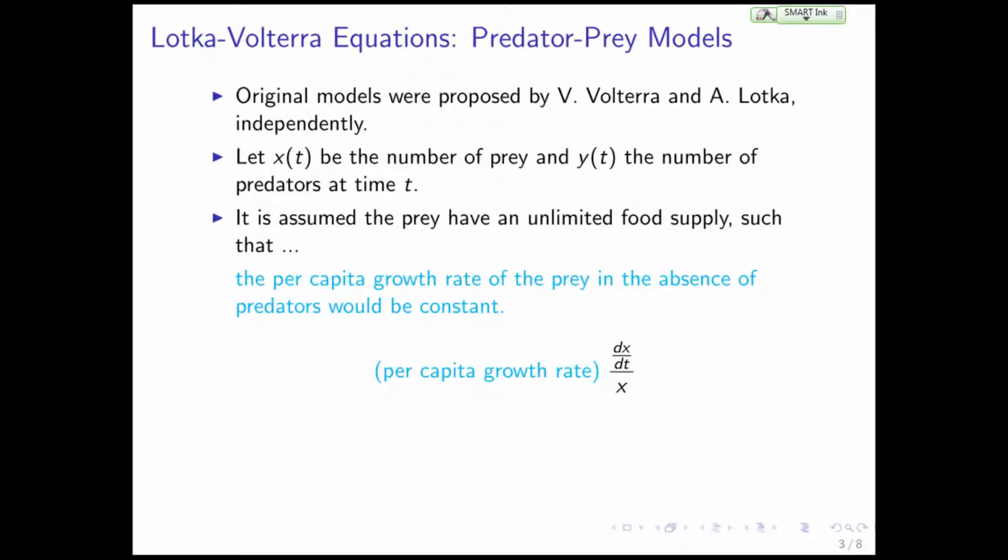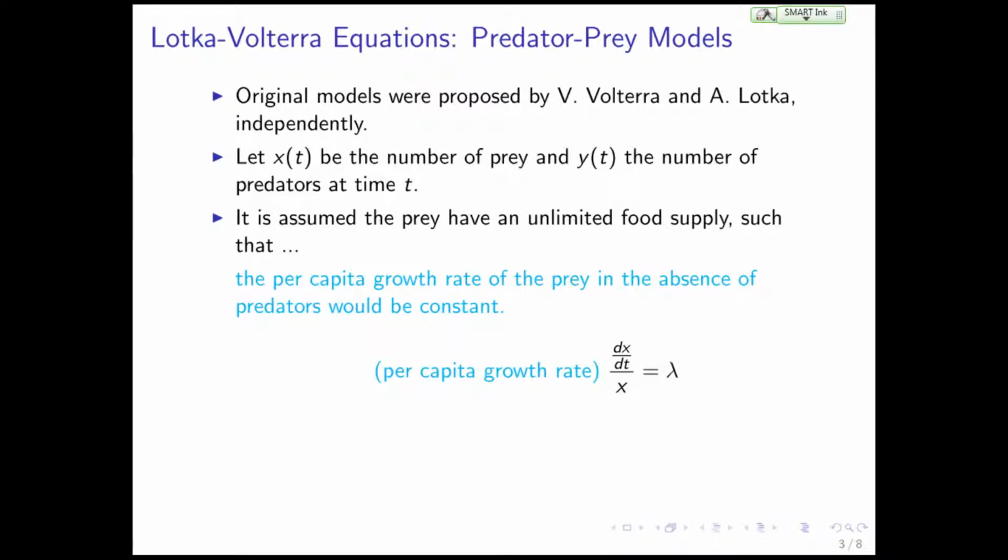So when we make the assumption that the prey have a food supply with no limits, in the absence of predators this would be constant, we are saying that this ratio of the derivative of the prey population size scaled by the prey population size equals a constant.